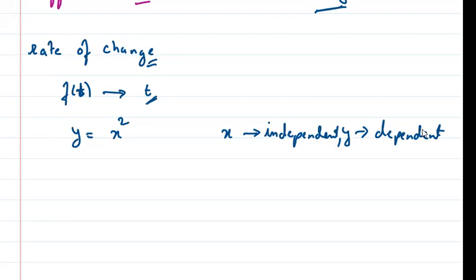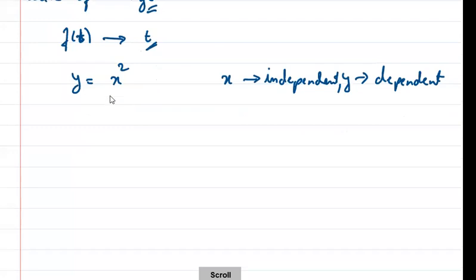Yes. So I can say in the independent variable, if I'm changing x, how will y change? I need to find this, right? To find this, that if I'm changing x, how y will change.